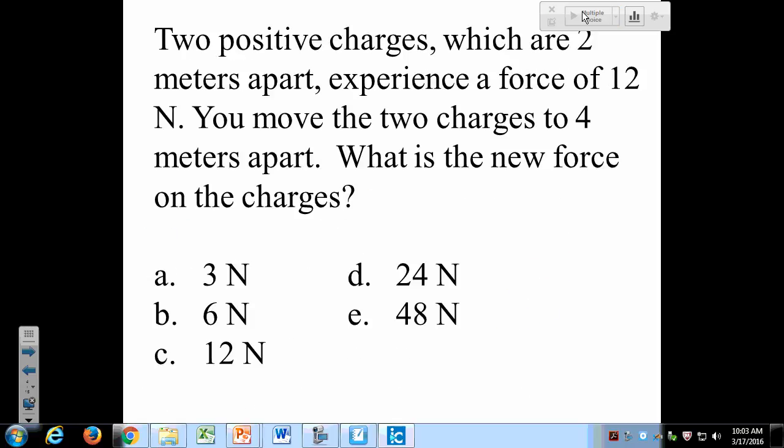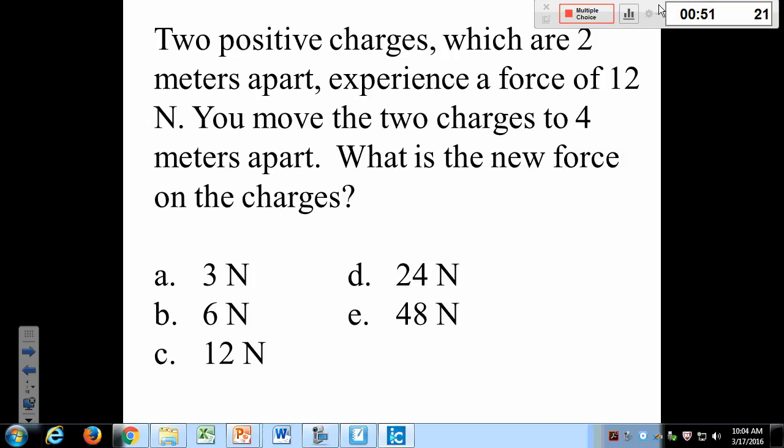So let's try this one. All right, folks, so what am I doing to these charges?